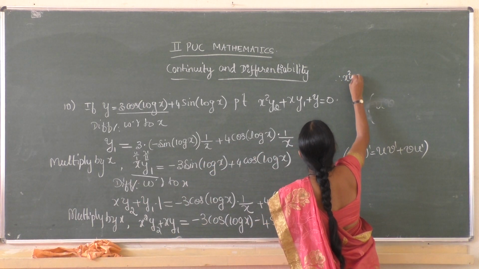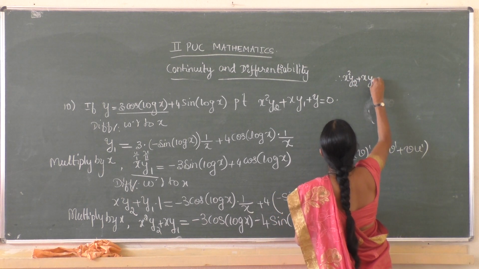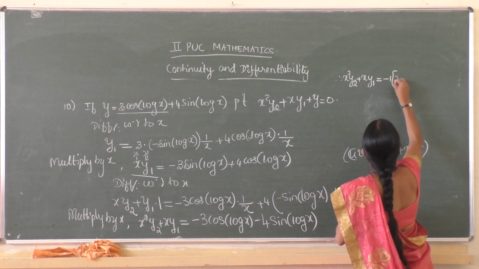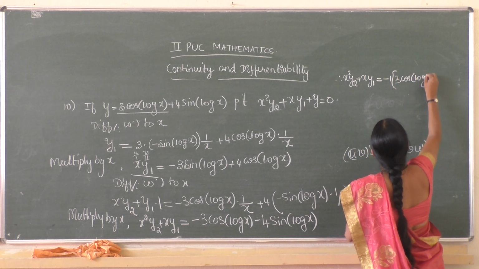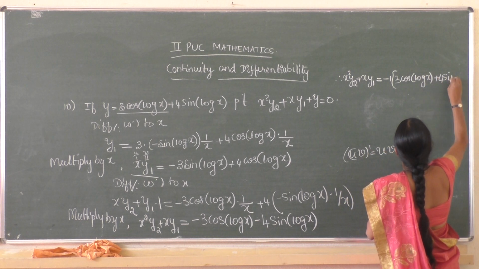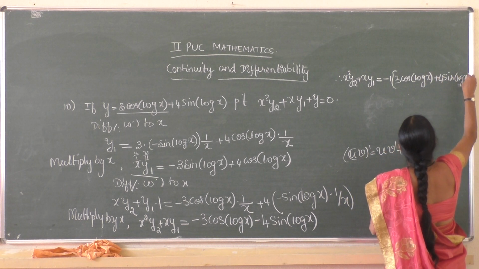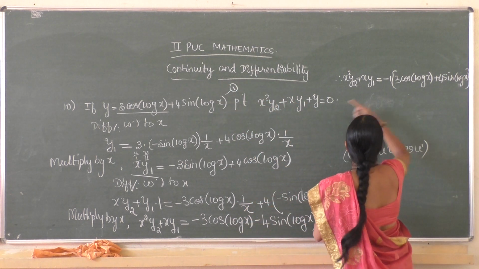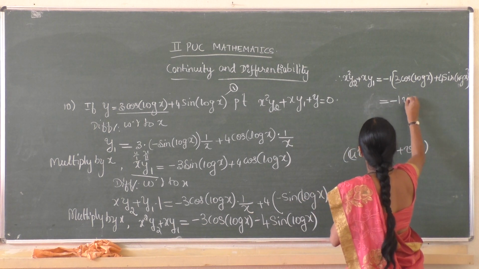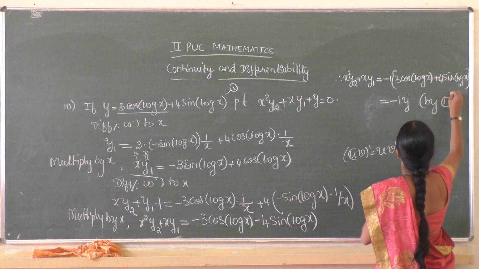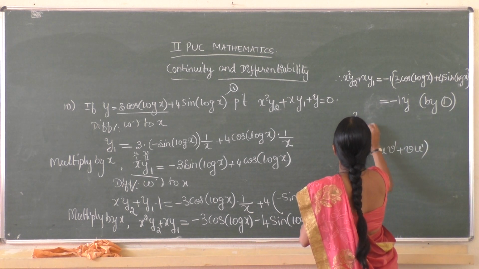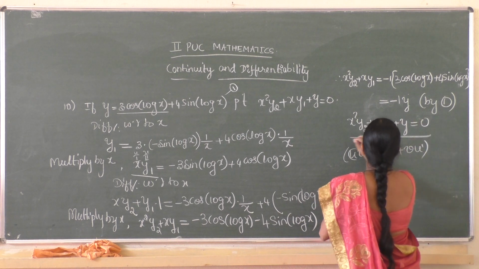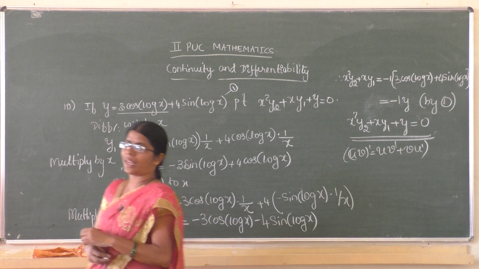Therefore, x square y2 plus xy1 equals minus 1 times 3 cos log x plus 4 sin log x. What is this? This is the given function, y. So minus 1 into y, that is, x square y2 plus xy1 plus y is equal to 0. This is the required equation.